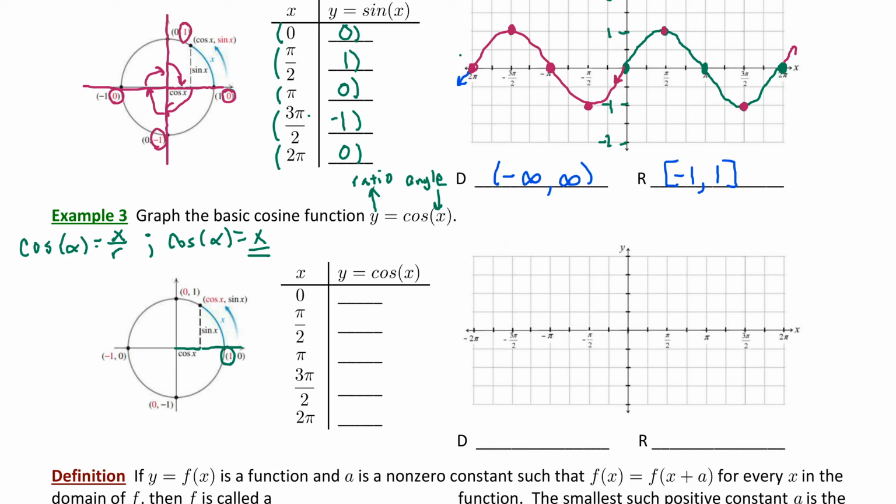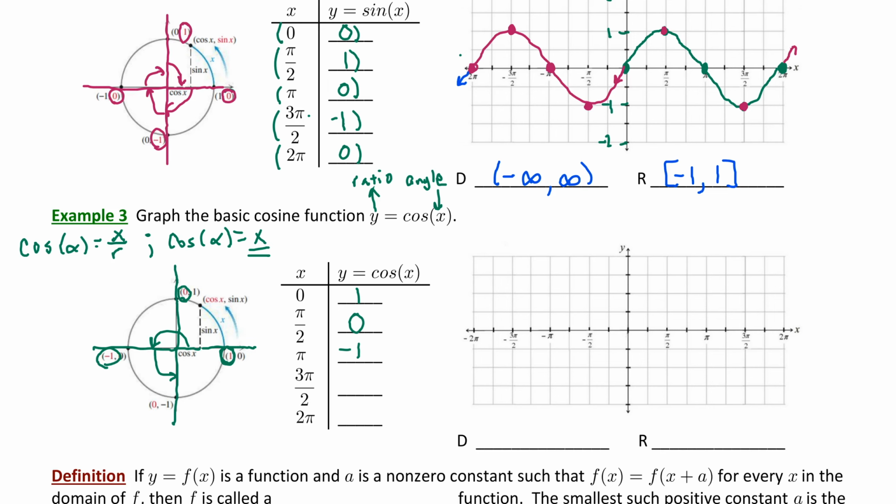So if we start with 0 radians, cosine of 0 radians is equal to 1. Notice we're picking up the x-coordinate there according to the definition of cosine. At pi over 2 radians, cosine of pi over 2 is equal to the x-coordinate, which is 0. As we rotate to pi radians, cosine of pi radians is -1.